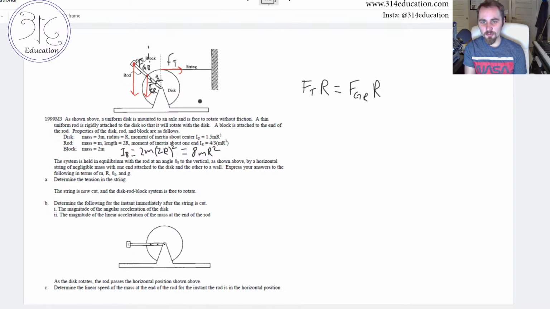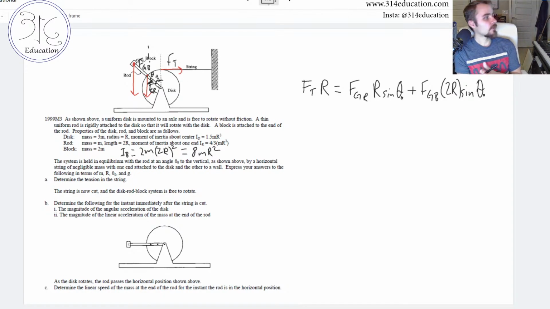And by inside angle theorem, this inside angle there is going to be theta. So we have, this is then going to be the sine again. Sine of theta. And then also we have our FGB, force of gravity due to the block, acting at a radius of 2r, again at the sine theta. I guess they call it theta naught, don't they? Well, I'll use theta naught. That's fine. Good, good.